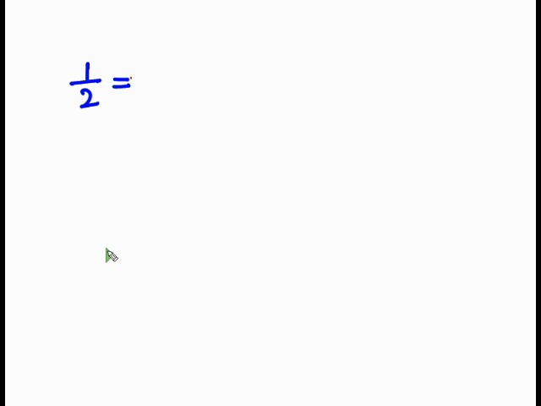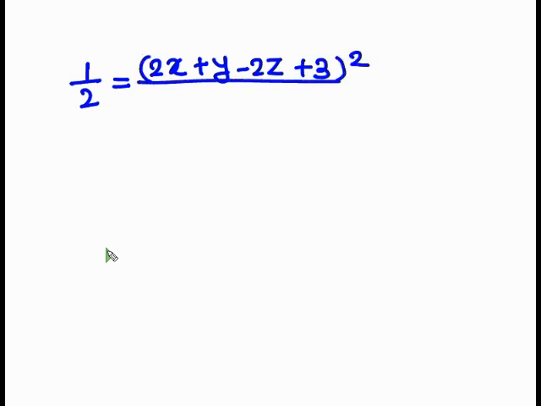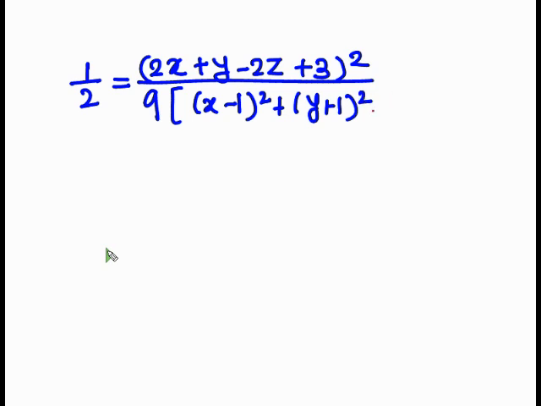By simplifying the numerator, we get 1 by 2 is equal to (2x + y - 2z + 3) the whole square, divided by 9 times the bracket (x - 1) square plus (y + 1) square plus (z - 2) square.